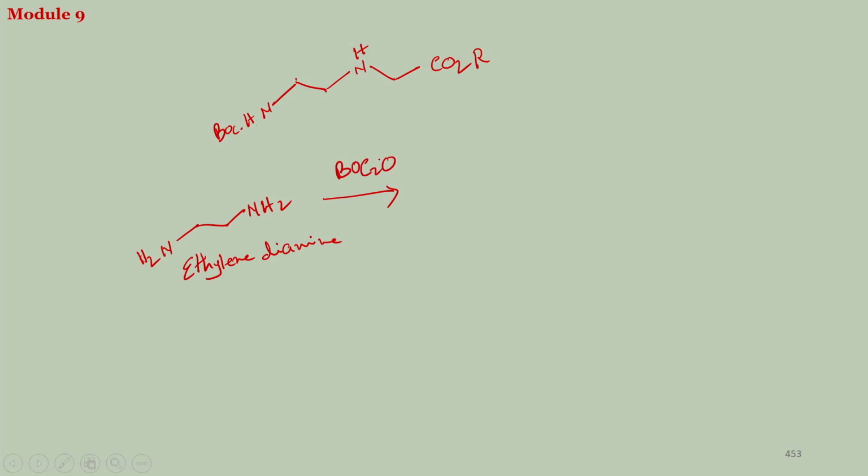If you use BOC anhydride, this is a little bit of a tricky reaction: you have to use one equivalent of it in a controlled way, then one of these amines would be protected by the BOC. You have to be very careful, because usually if you use BOC anhydride or any other electrophile, both of these amines will react. So, you have to be very careful so that you get only one-side protection.